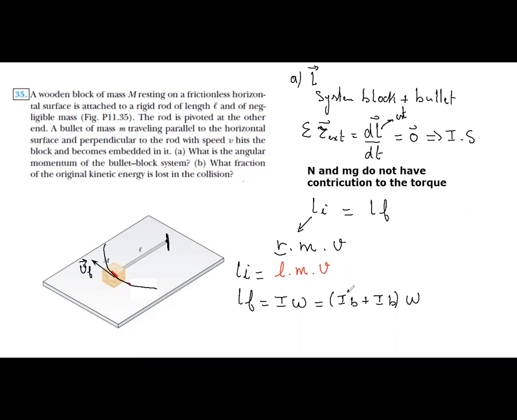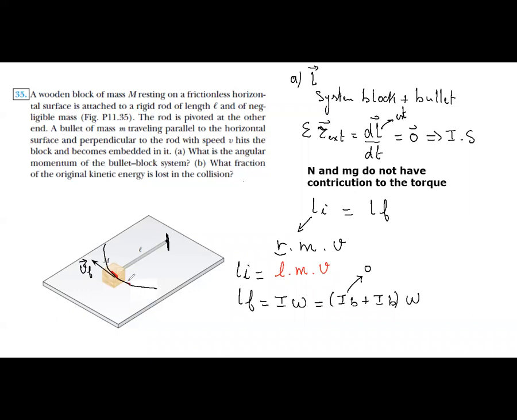For the moment of inertia, we don't have I center of mass, because the axis does not pass through the bullet, and also does not pass through the box.